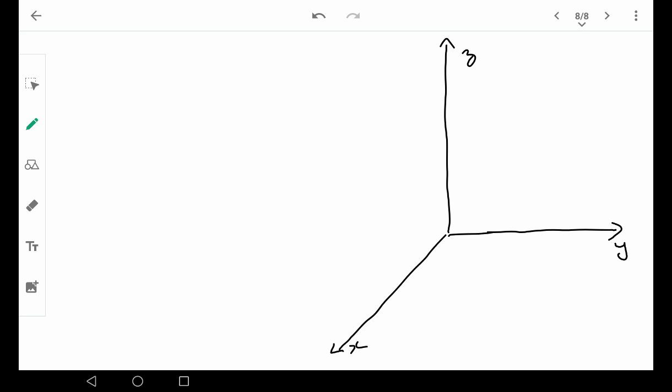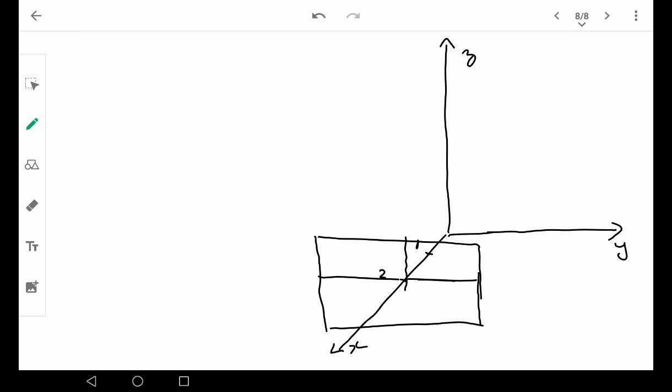So this is x equal to 1, this is x equal to 2. I have a surface going on like this. You can call this surface x equal to 2.